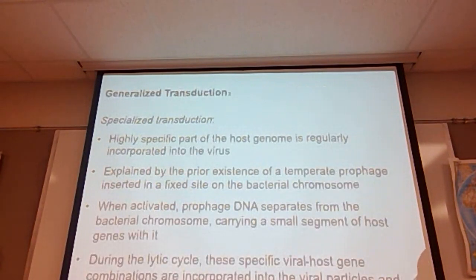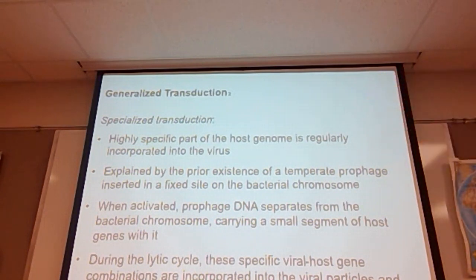Specialized transduction is where very specific parts of the host genome are incorporated into the virus. It is explained by a prior existence of a temperate prophage, which was inserted into a fixed site of the bacterial chromosome. When these are activated, the prophage DNA separates from the bacterial chromosome, carrying a small segment of host genes with it.